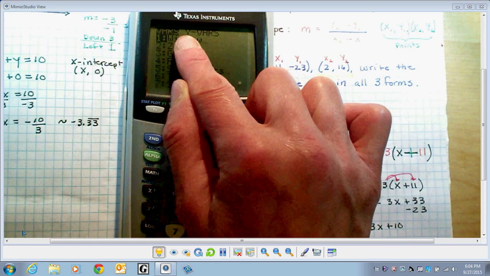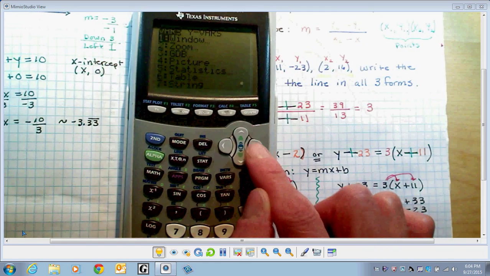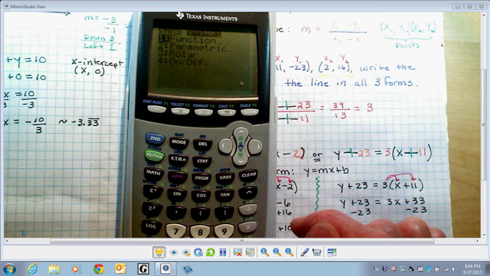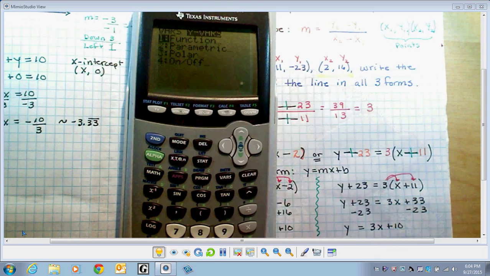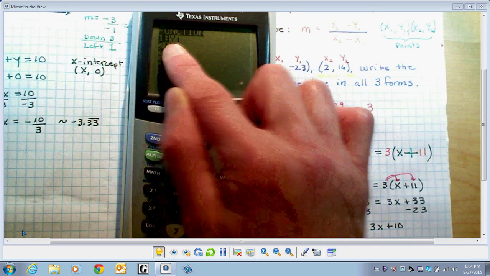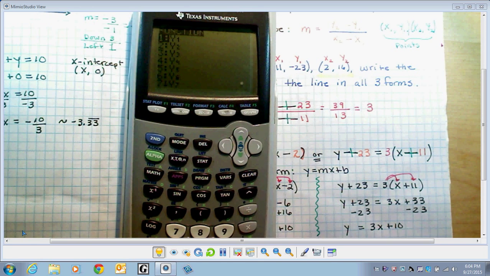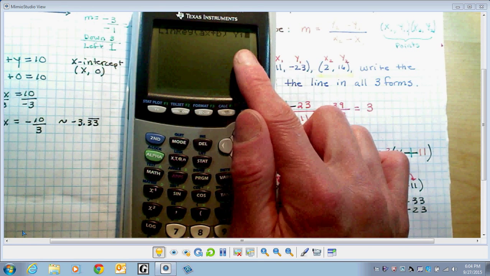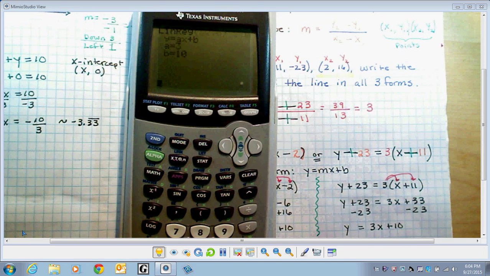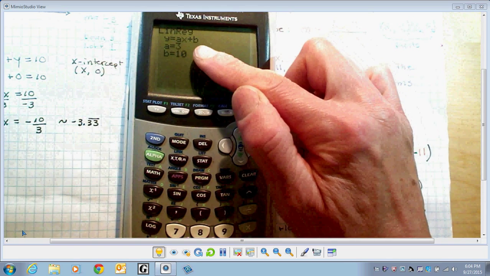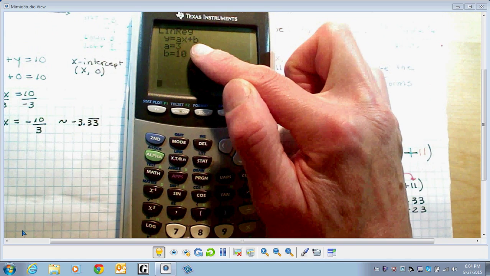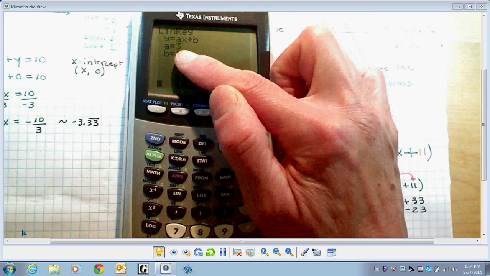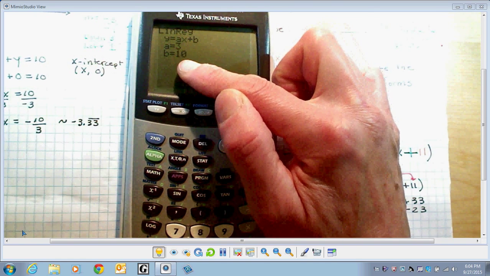I want my y variables, so I'm going to toggle over to that. My y variable is going to be a function, so I push enter, and I want to put it in y1, so I push enter again. My screen looks like this, but I have to push enter one more time, and if you notice, it gives me y equals ax plus b, where a is 3 and b is 10.